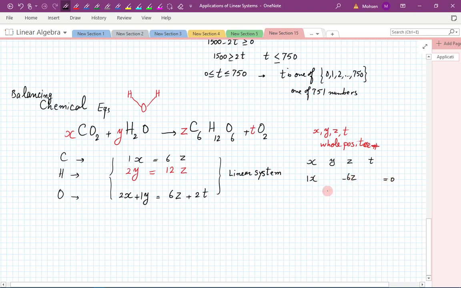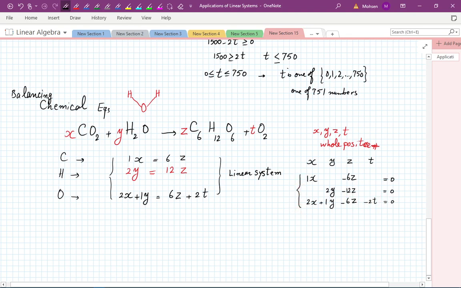The second equation reads 2Y minus 12Z is equal to 0. The third equation reads 2X plus 1Y, and then we bring the other stuff here, minus 6Z minus 2T is equal to 0.